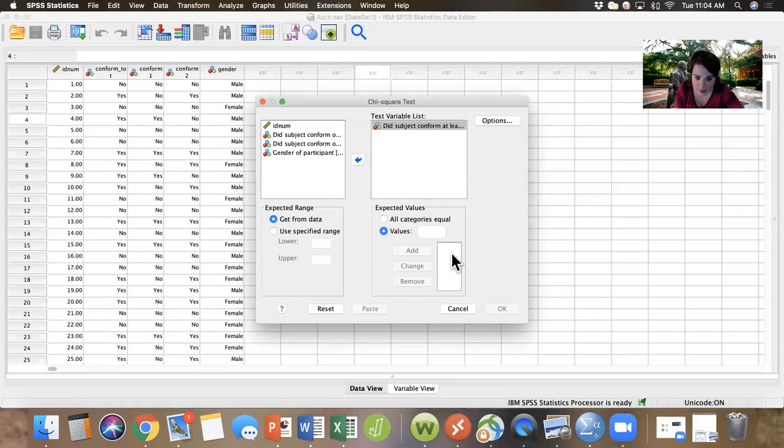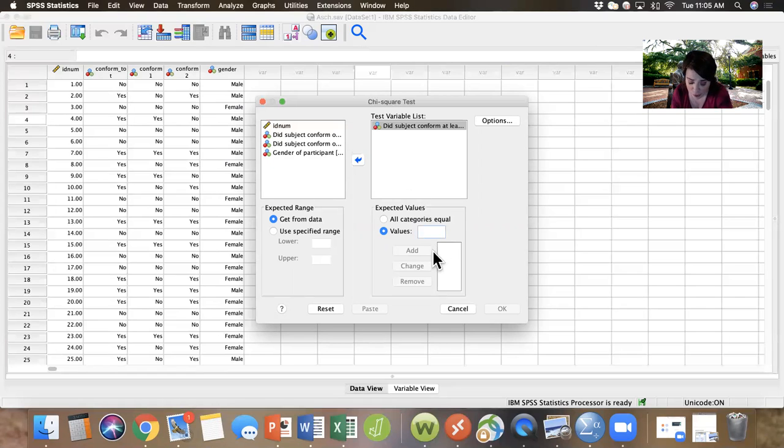Now we need to tell SPSS what our null hypothesis is. But critically, we need to put it in the correct order, because for this particular variable, no is coded as 1, and yes is coded as 2.